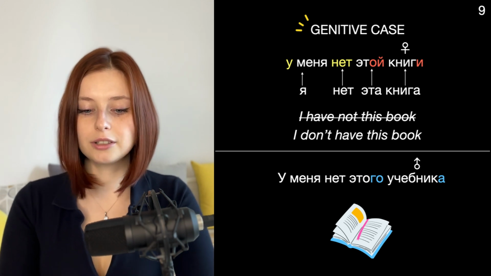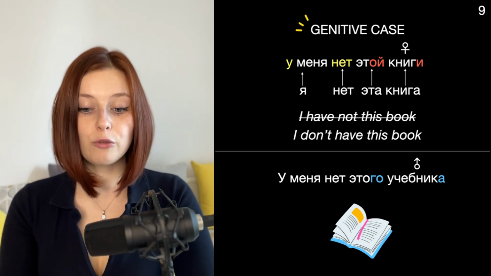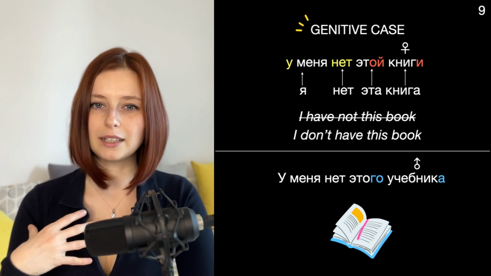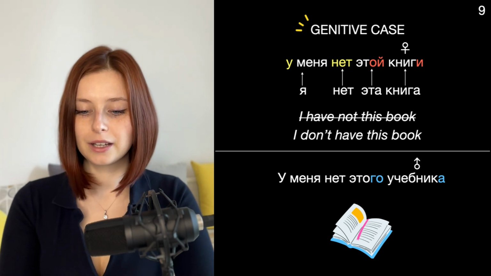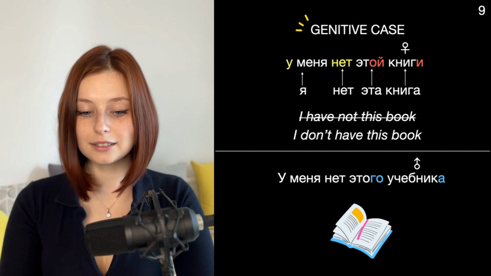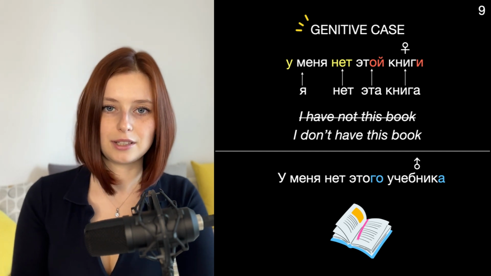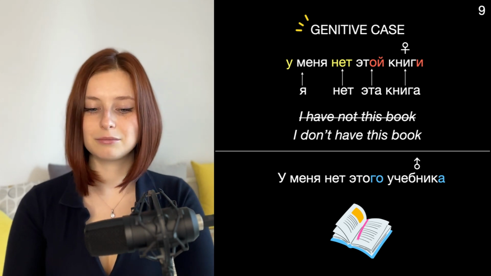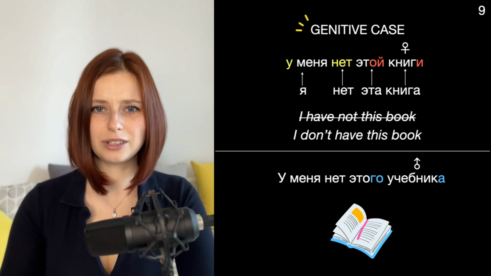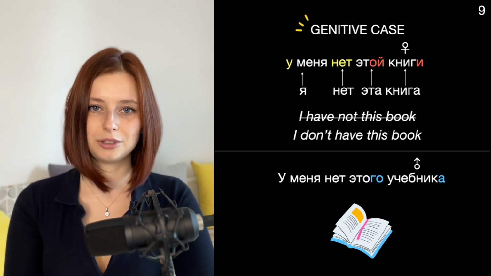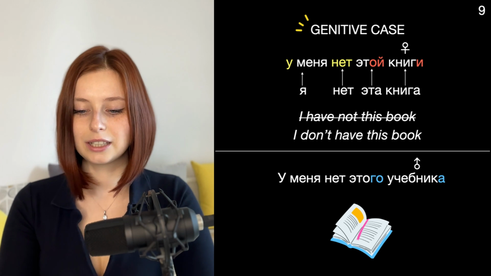In Russian, possession is often expressed using the preposition у, like at my side, by my side. So, next one is нет. The word basically means no or not. So, I have not, right? But really, I don't have, right? It's how people speak. Nobody says I have not in this situation.